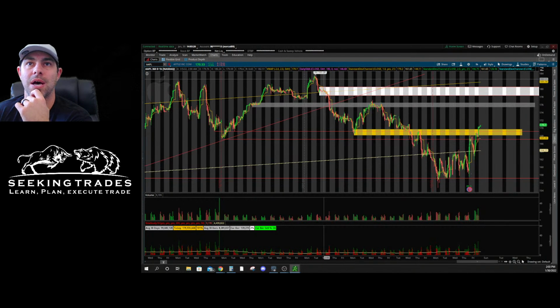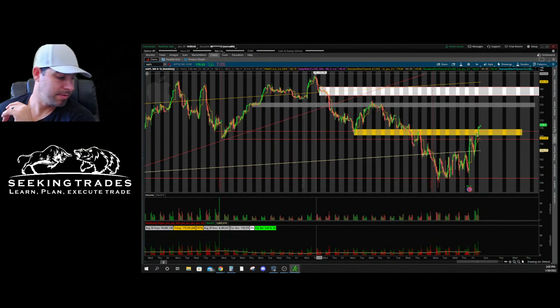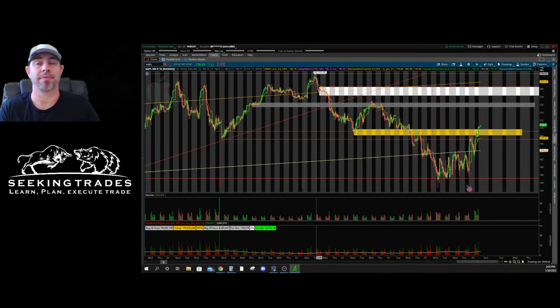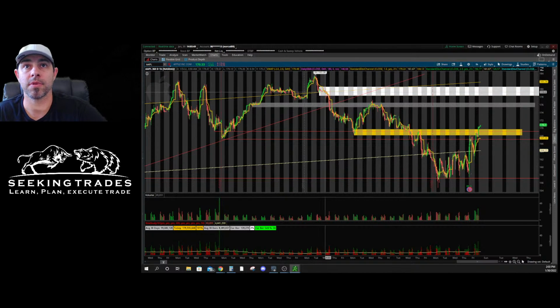Next day opens up, just sells off right down to a standard deviation line. Consolidates a little bit against that, and then falls down. But this area in here is going to be considered now supply, not demand.